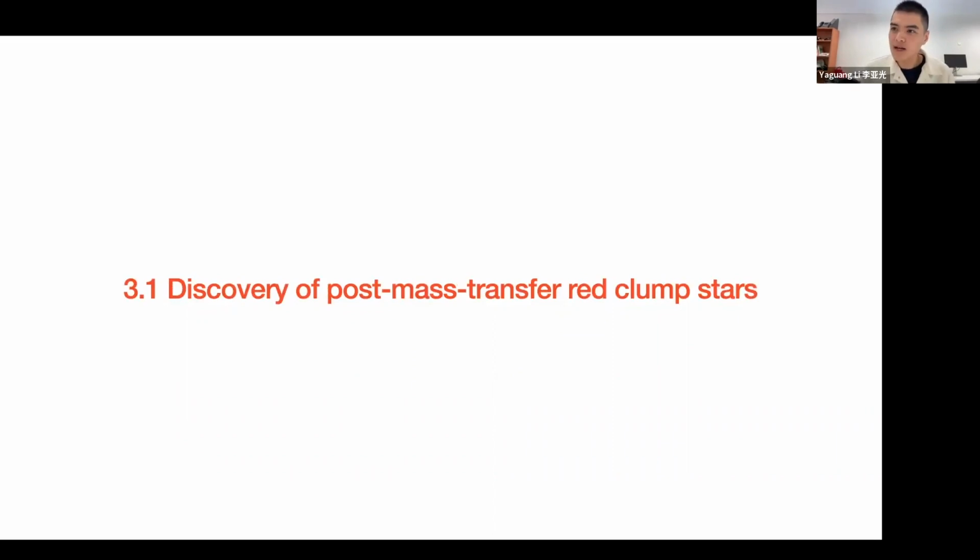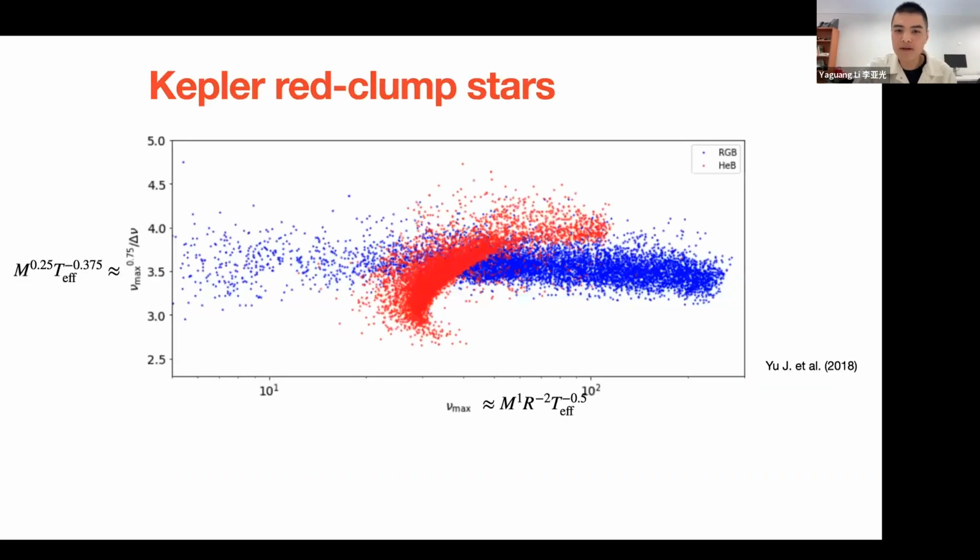So I'm focusing on one particular example, and this example is our discovery of post-mass transfer red clump stars. And this discovery is purely based on the fact that we have better properties than before. So if you remember this plot, which is the seismic mass and radius diagram, and this is the zero-age helium burning phase.